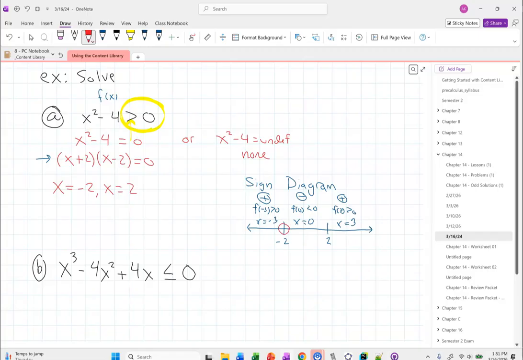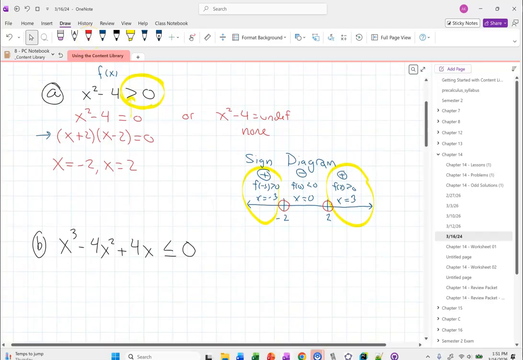If I plug +2 into this, is 0 greater than 0? No. So I'm going to have an open circle there. Everybody's okay? Now, my inequality is something greater than 0. So do I want the positive parts or the negative parts? Positive, because greater than 0 means positive. Is everybody still good?